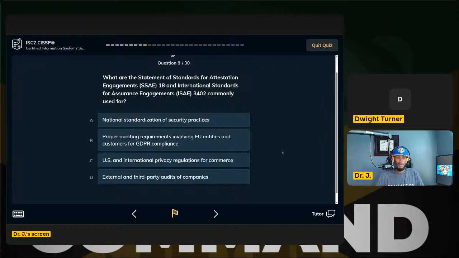I'm gonna hold Delta in my back pocket. Proper auditing requirements. I don't think it's that. External and third party audits of companies. Yeah, I'm gonna go with Delta. Yep.